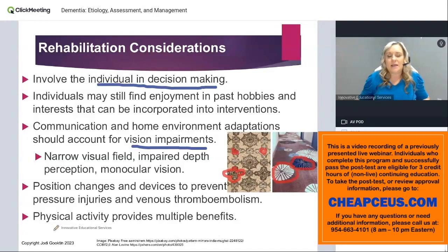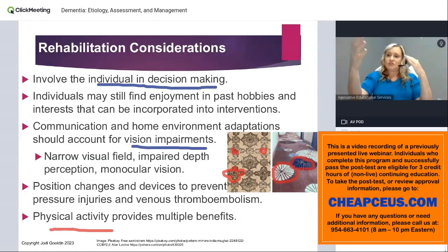When we look at, again, physical activity, we're going to look at increasing physical activity for that individual just for those cognitive benefits. Also consider when you're looking at doing physical activity, whatever types of equipment that you're using, if the individual's depth perception is off, they may not know how far away something is in terms of safety with using different objects.